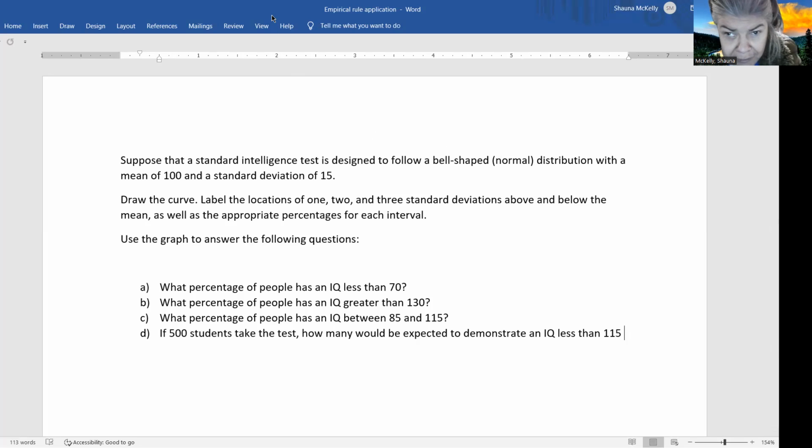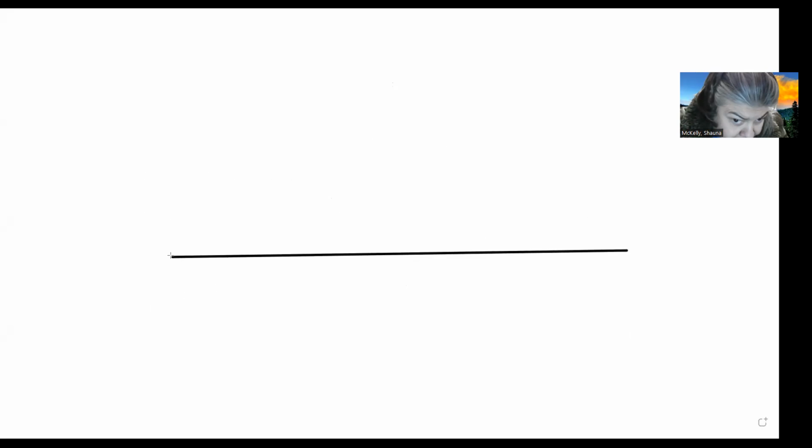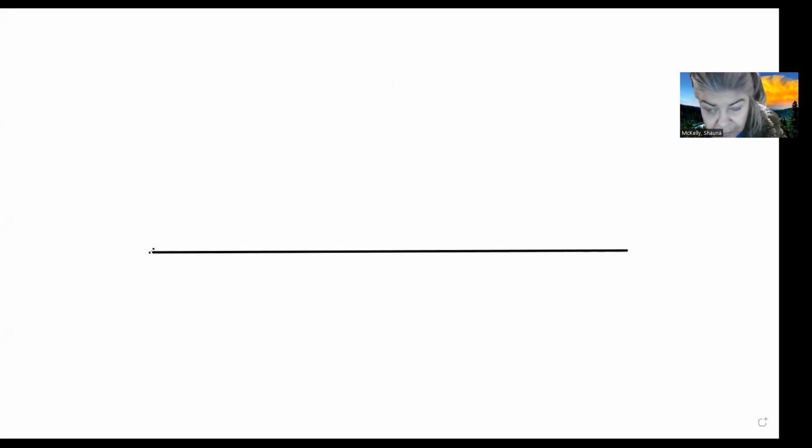So what that tells us is that we have a curve, and you'll have to bear with my art a bit here, but we have a curve. Normally, the way you want to do this is draw a straight line somewhere in the middle of your paper like this, and leave yourself some space, folks.